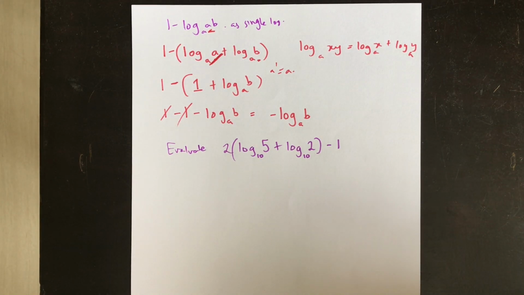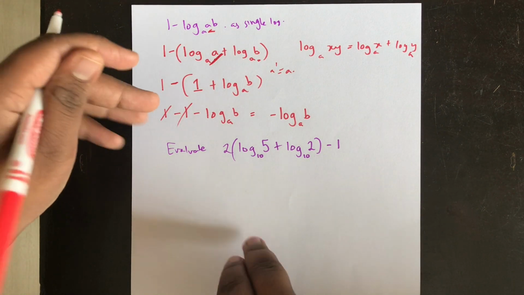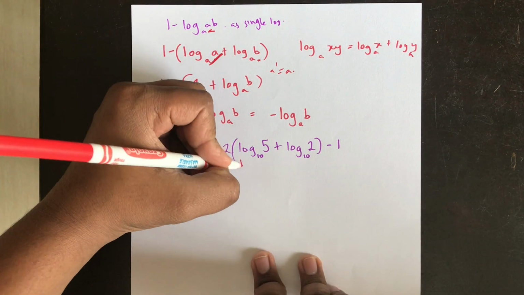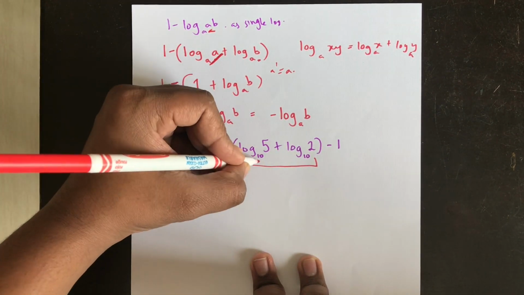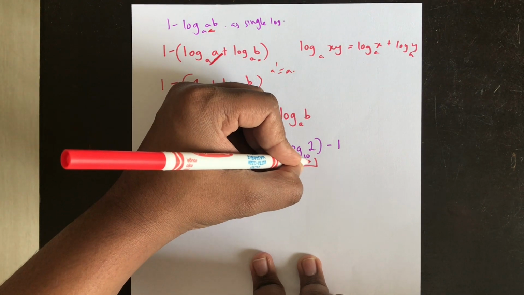The third example asks us to evaluate 2 times (log 5 base 10 plus log 2 base 10) minus 1. Again, this is a very simple question. If you know the rules of logarithms, it becomes very simple to solve. First of all, we'll start by looking at the bracket. We notice that the bases are the same.